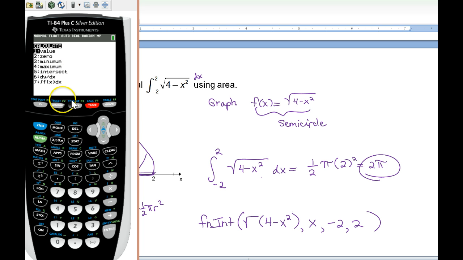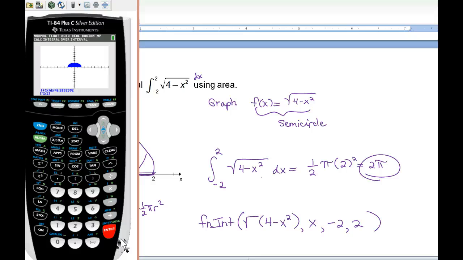You see the bottom one, number 7, has the integral. What's nice about this is it will actually shade in so you know for sure that you have the correct region. It's going to ask you for your lower limit, so you just type in -2 and then press enter. Then it's going to ask you for the upper limit, so type in 2 and press enter. And then it'll shade in. And here is your 6.28, it's going to change it to a decimal, but that's the same as 2 pi.